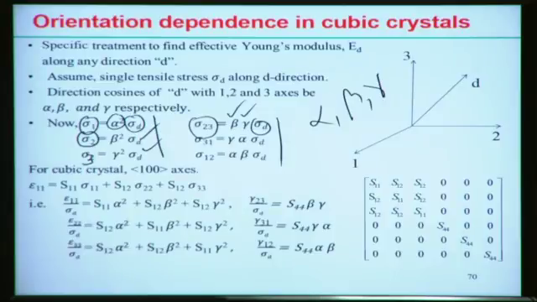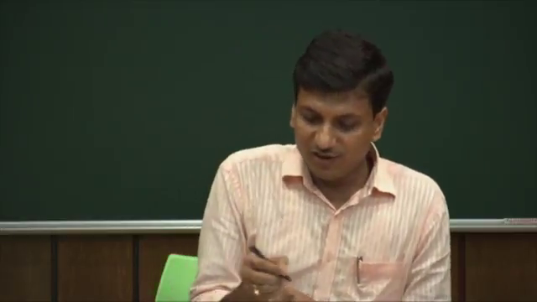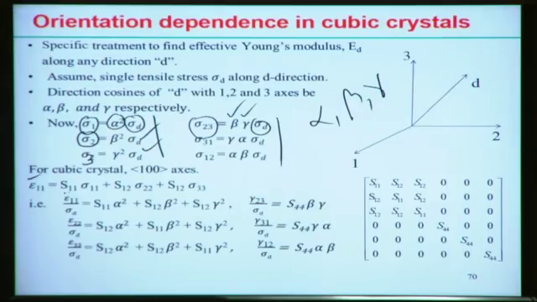Now, for cubic crystals along the direction 1 0 0, it is any one of the axes. The strain can be represented with the compliance terms: S11 sigma 11, S12 sigma 22, S12 sigma 33.